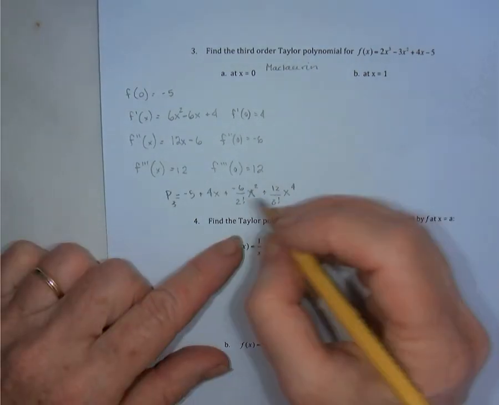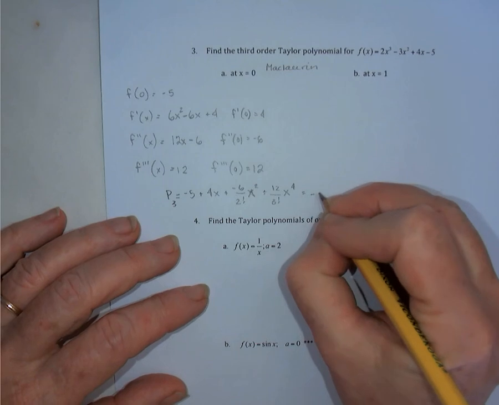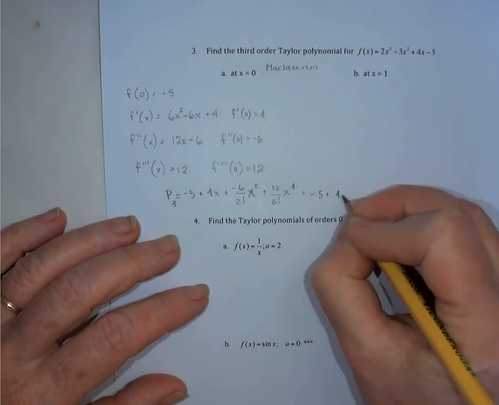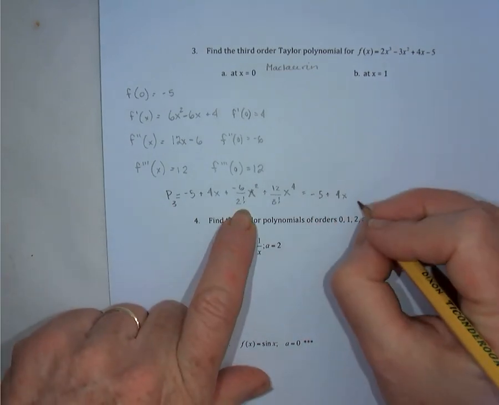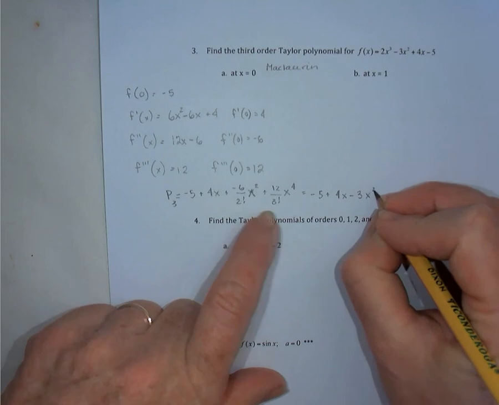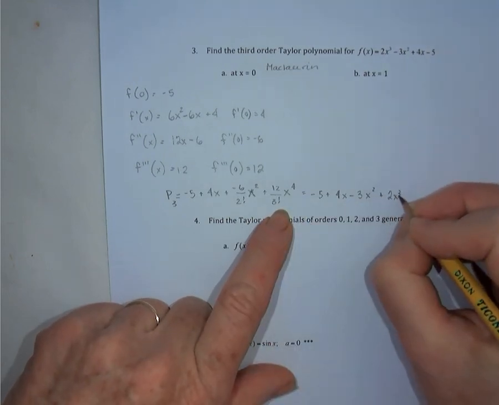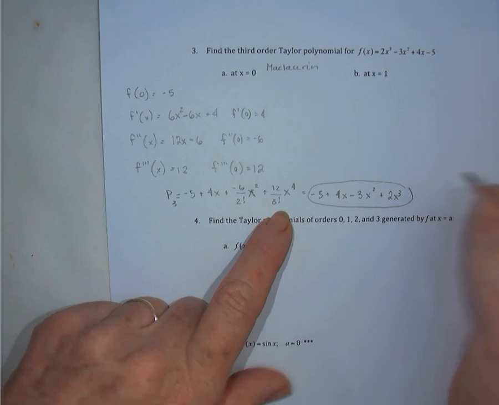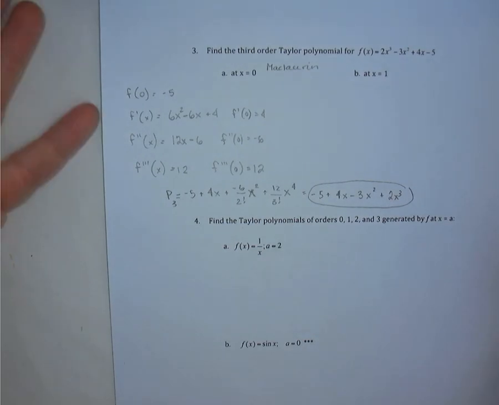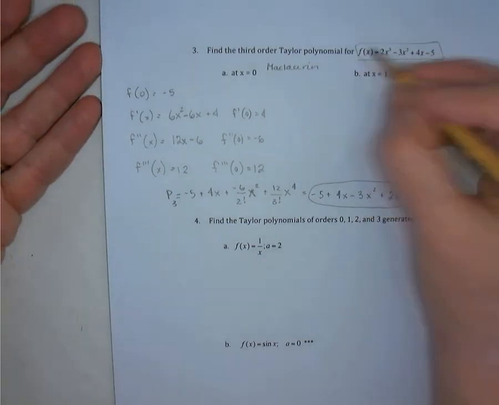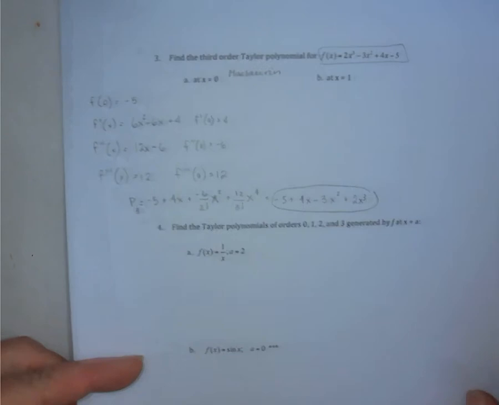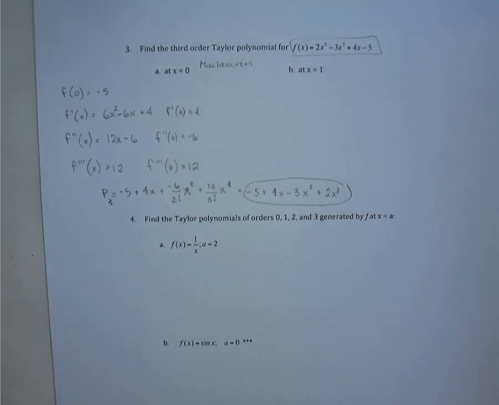If we simplify that, we get -5 plus 4x minus 3x squared, and since 3 factorial is 6, plus 2x to the 3rd. That's not a surprise, because we are approximating a polynomial with a polynomial, so there's only one polynomial equation through that set of points.